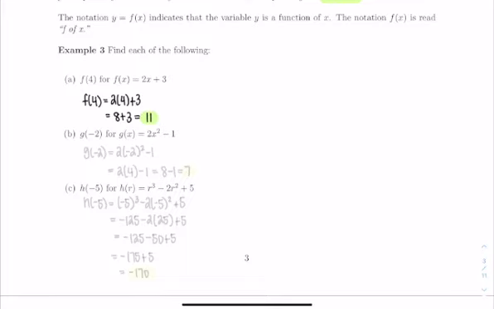Let's look at g of negative 2 when g of x is 2x squared minus 1. So again, wherever we see x, we're going to plug in negative 2. That's 2 times negative 2 squared minus 1. We want to evaluate the exponent first, and negative 2 squared is 4. Well, 2 times 4 is 8, and 8 minus 1 is 7.